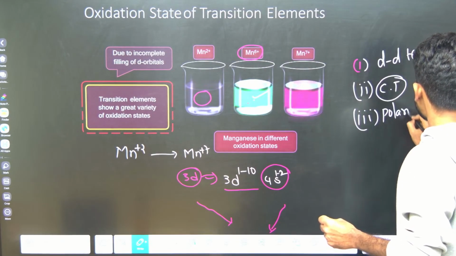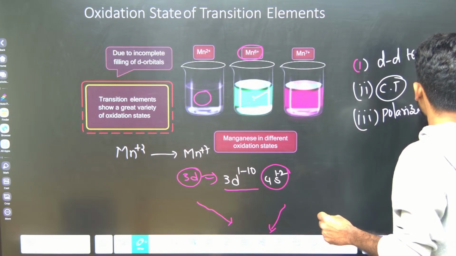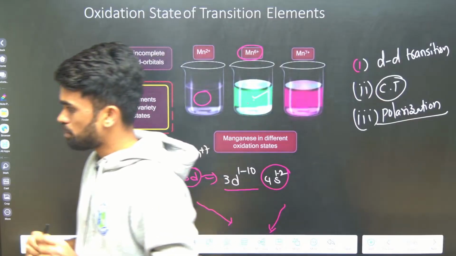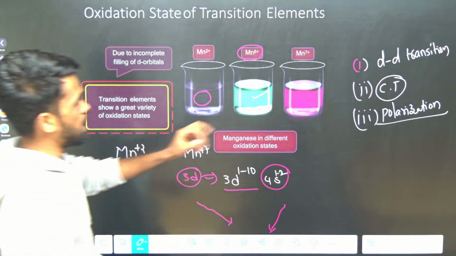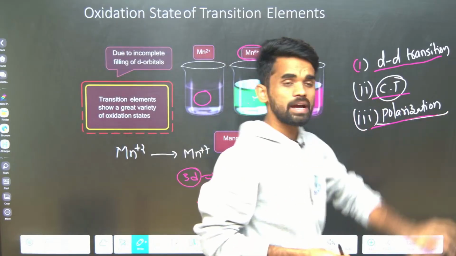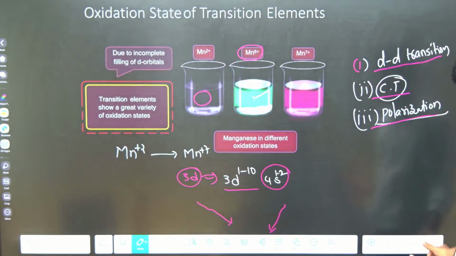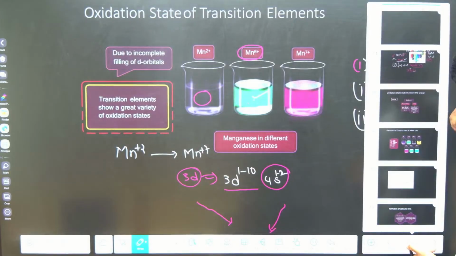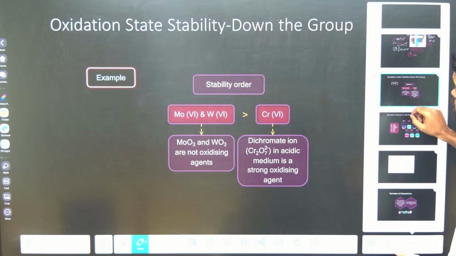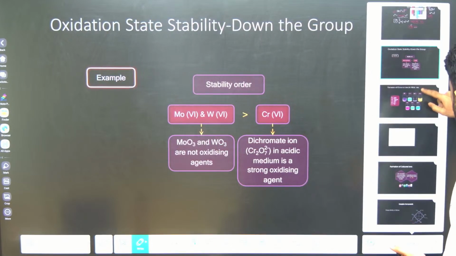So these are the three reasons for the color property of d block elements. Remember. Now let us understand what exactly dd transition, charge transfer phenomena, and polarization are. Let me explain.